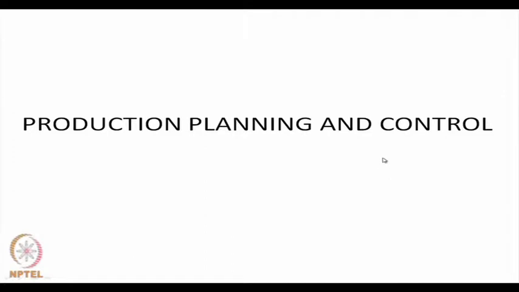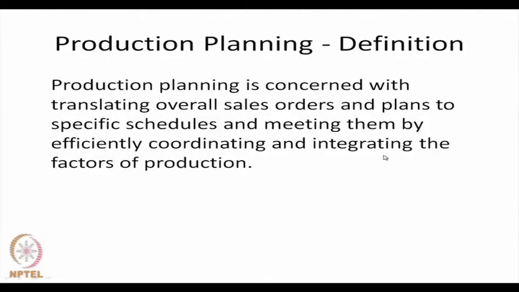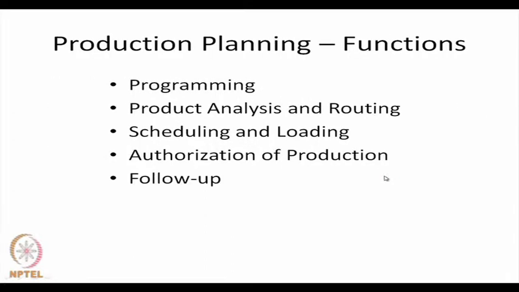So, production planning and control, here we had defined production planning and we had given 5 different functions of production planning. In that, the first was programming, in which different forms of mathematical programming techniques could be used.